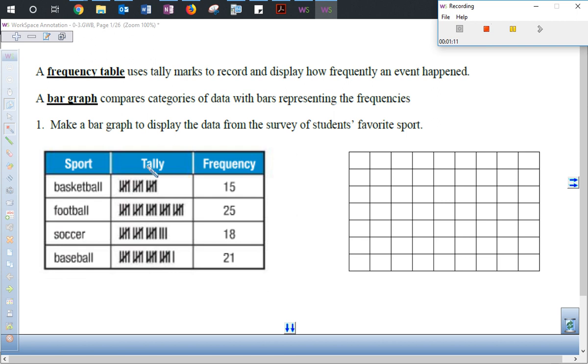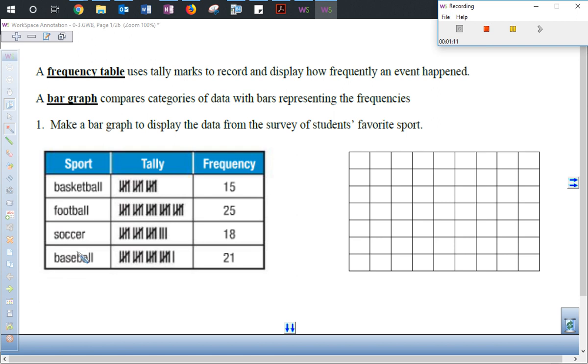So what they did is they said, alright, I have 5, 10, 15 tally marks here. That means the frequency is 15 people said that basketball was their favorite sport. So they took this information and they made it easy to read, so you could quickly look at the frequency table and know the number of students that said that sport was their favorite.